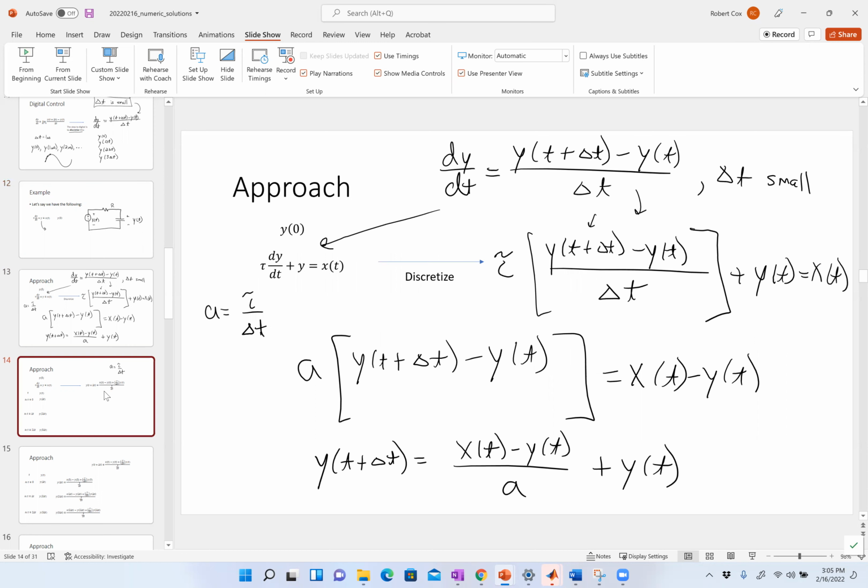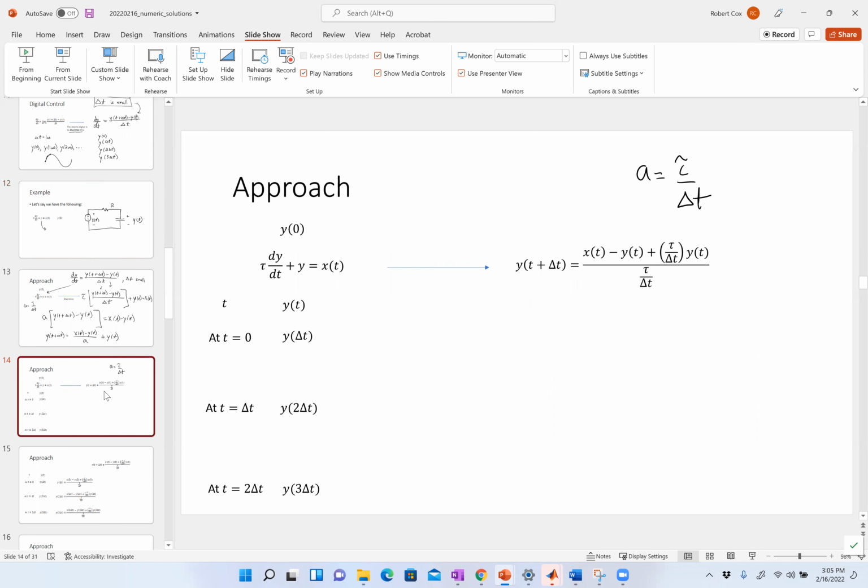So at t equal to 0, let me plug in t equal to 0. This expression becomes y of delta t equals (x of 0 minus y of 0) over a, plus y of 0.